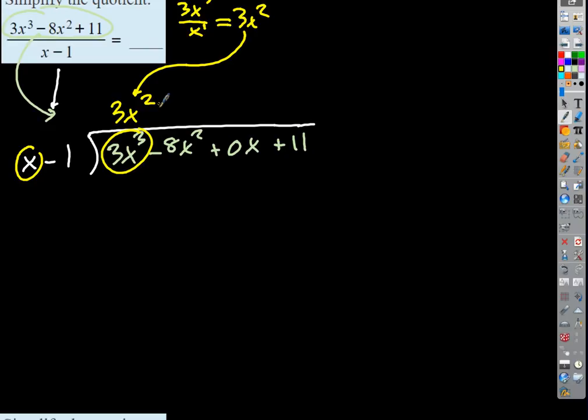So whenever I get a term up here in my answer, I'm just going to do what I do with long division. I'm going to multiply it by what's out front. Same as before. When I got a number up here, I multiplied first, right? So 3x squared times x is 3x cubed, right? 3x squared times minus 1 is minus 3x squared, right?